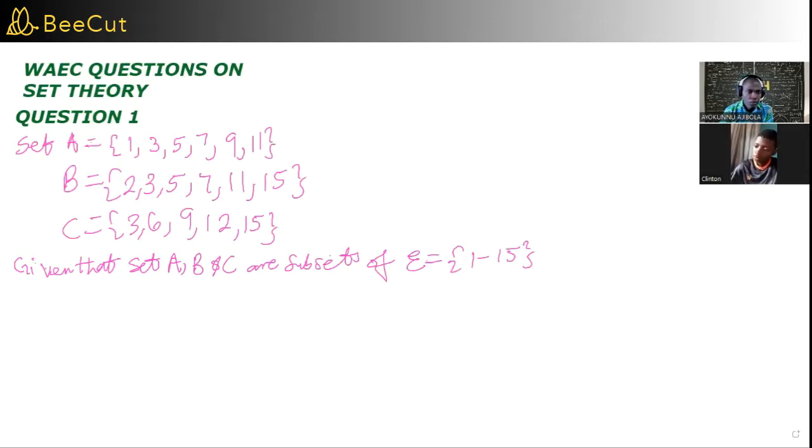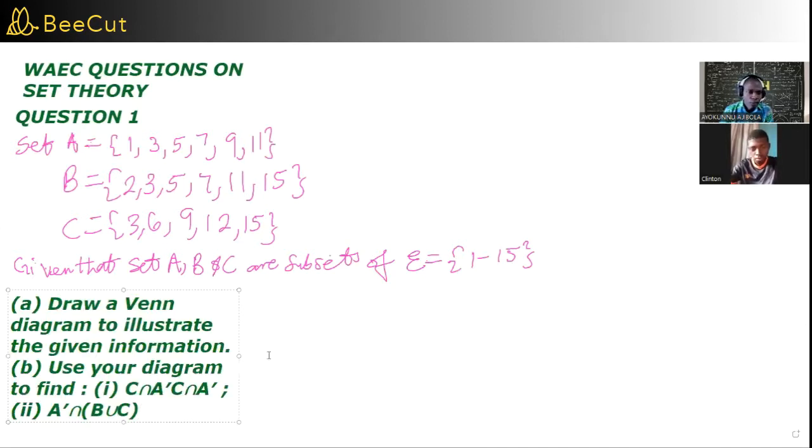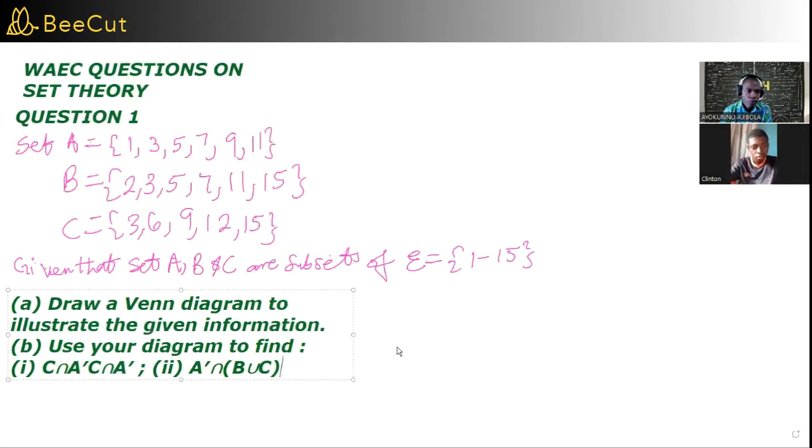Then the second is to use the Venn diagram to find some sets. So let me put that up. I have to draw a Venn diagram to illustrate the given information. Then the next one is to find C intersection A complement, then A intersection B union C. So that is being repeated there.